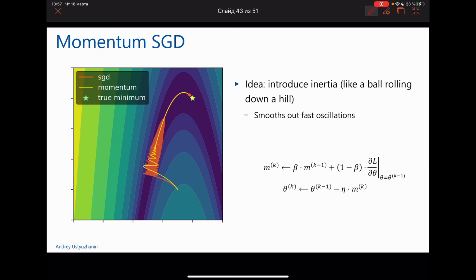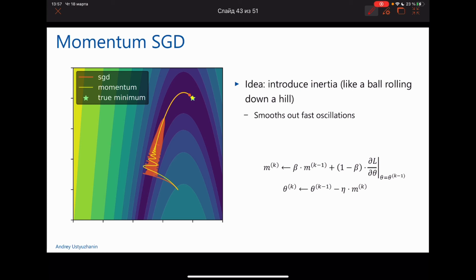If you apply the intuition of a ball rolling down the hill, you may add one more parameter to this trajectory that corresponds to the speed of the ball, which is defined not only by the inclination, but also by its speed at the previous time step.